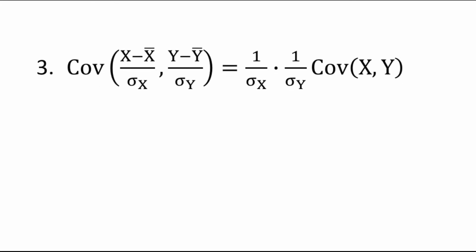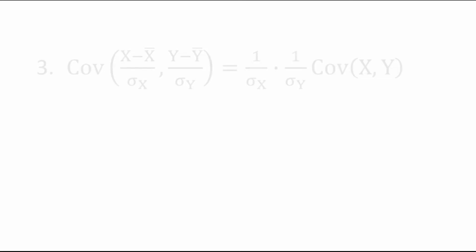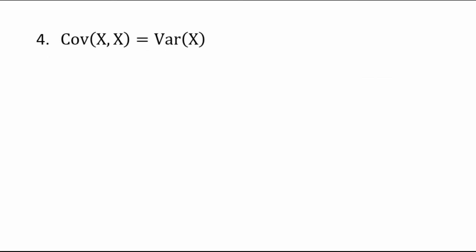Third remark is covariance between x minus x bar upon sigma x and y minus y bar upon sigma y equals to 1 upon sigma x times 1 upon sigma y into covariance between x and y. Fourth remark is covariance between x and x equals to variance of x. It can be proved in this manner.